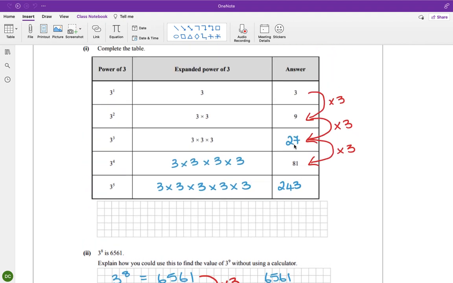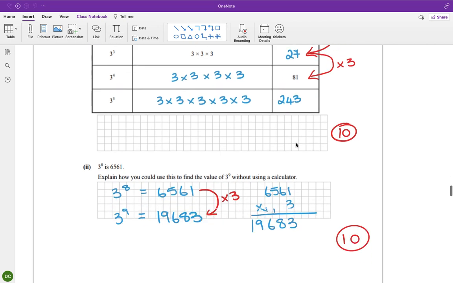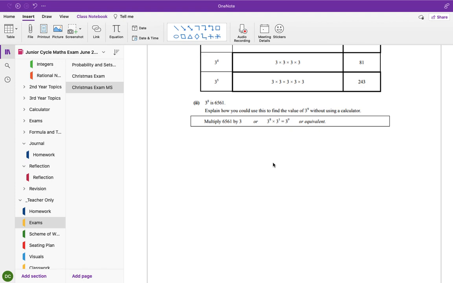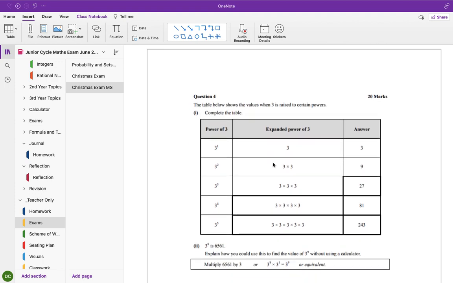So let me see. I suppose we have to split this 10 and 10. So yeah, 10 and 10 for that. And if you break it down a little bit more, 4, 6, 8, 10.